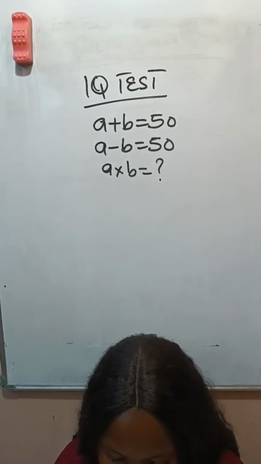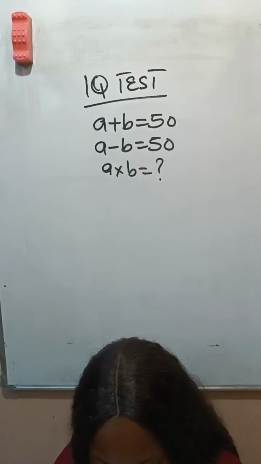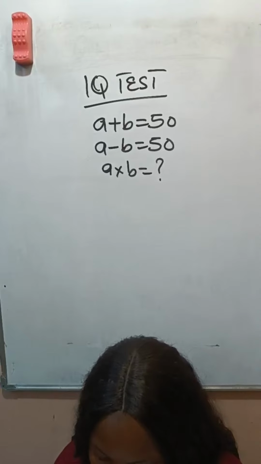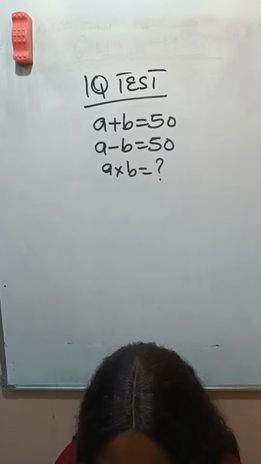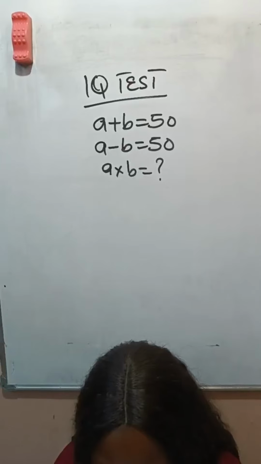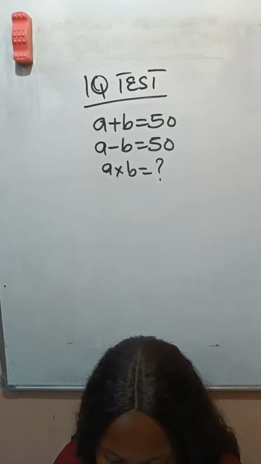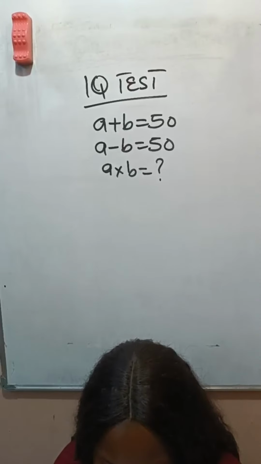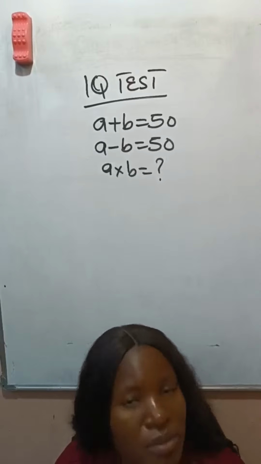Chelsea is explaining. Mr. B is saying A times B is 0, A equals 100, and B is 0. Is A 100, Mr. B? Chelsea says A is 50, B is 0, 50 plus 0 is 50. Okay. Chelsea is explaining.